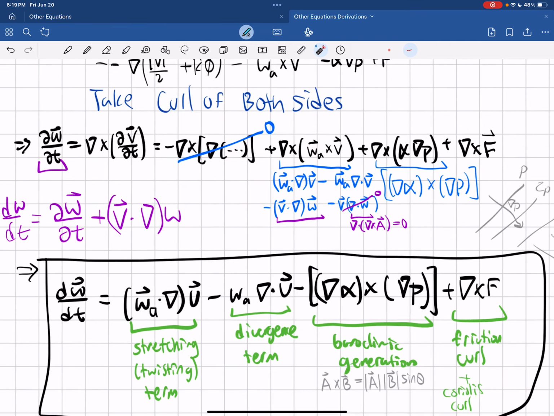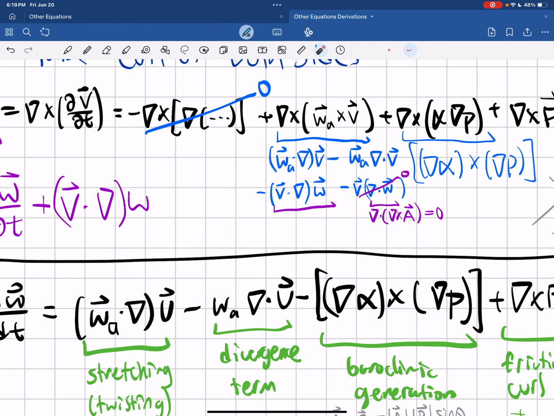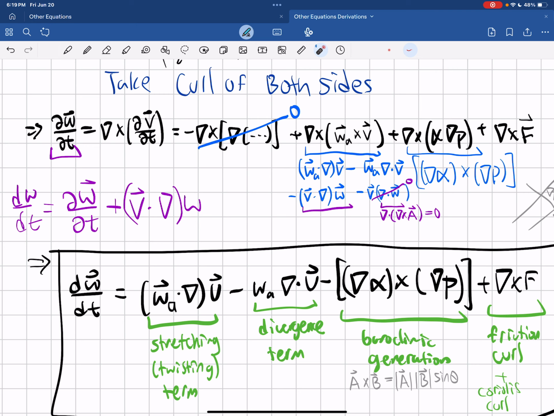But really, you just need to know this equation, that it will become more cyclonic if you have convergence, which this is divergence, but negative divergence is convergence. So to make this term positive, you would just need this term to be negative, because negative times negative is positive, and a negative of this term is convergence.